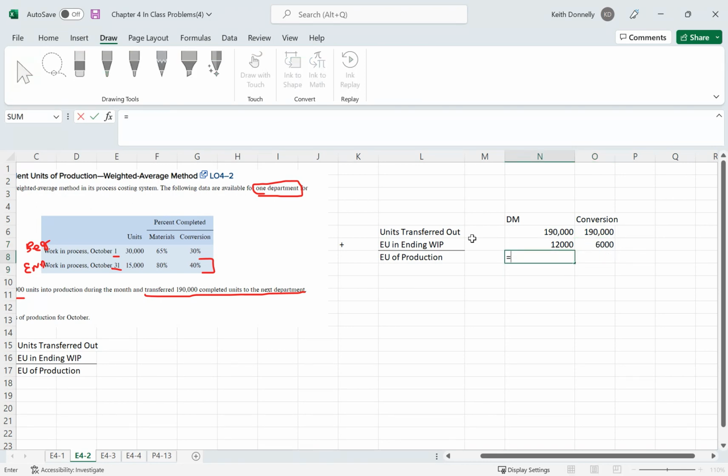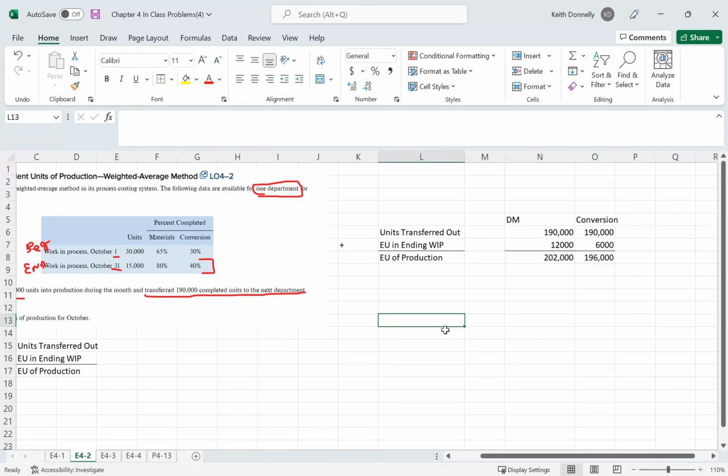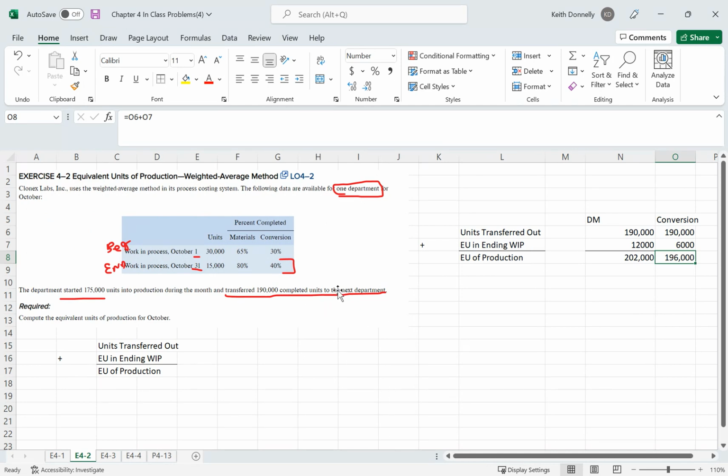Right, so then what we're going to do is add these two together, just following the equation there. And we can see in that way that our equivalent units of production for direct materials are going to be 202,000. For conversion costs are going to be 196,000. In other words, it's going to be what we transferred out, and then the equivalent units here in our ending WIP, adding those together.